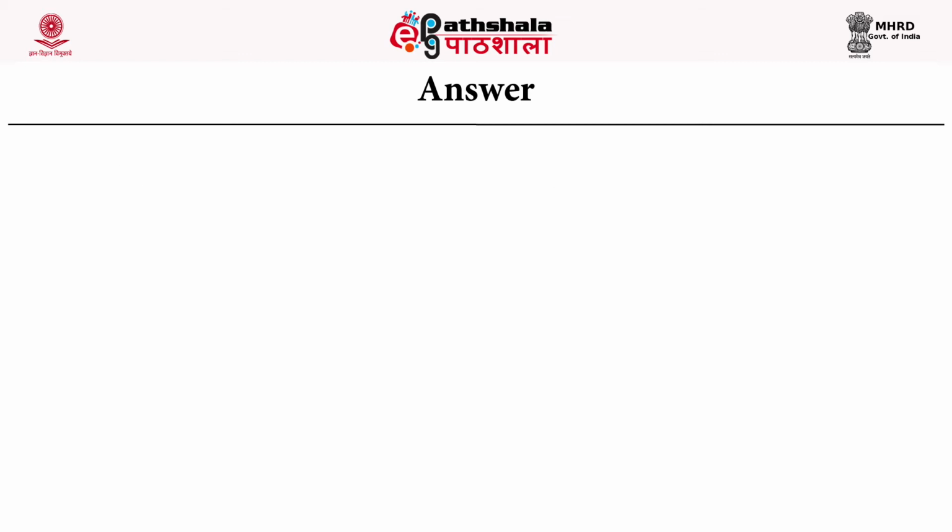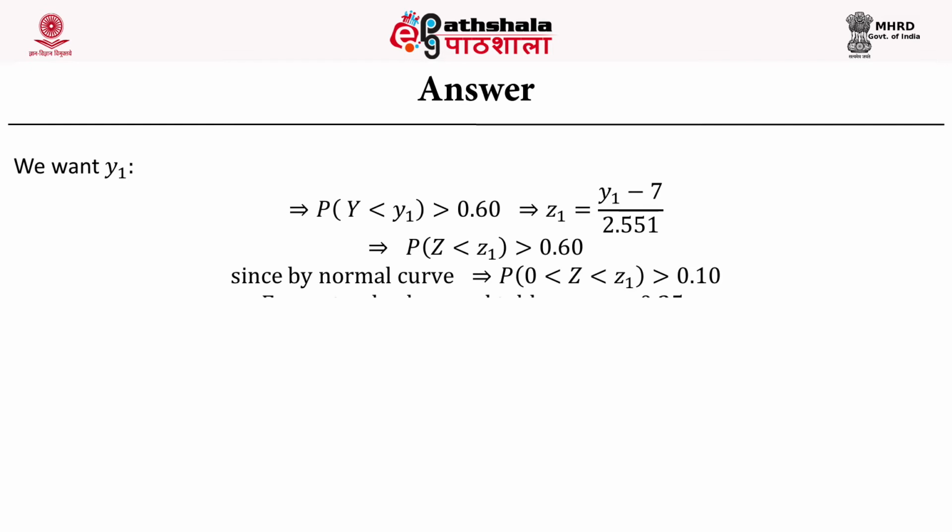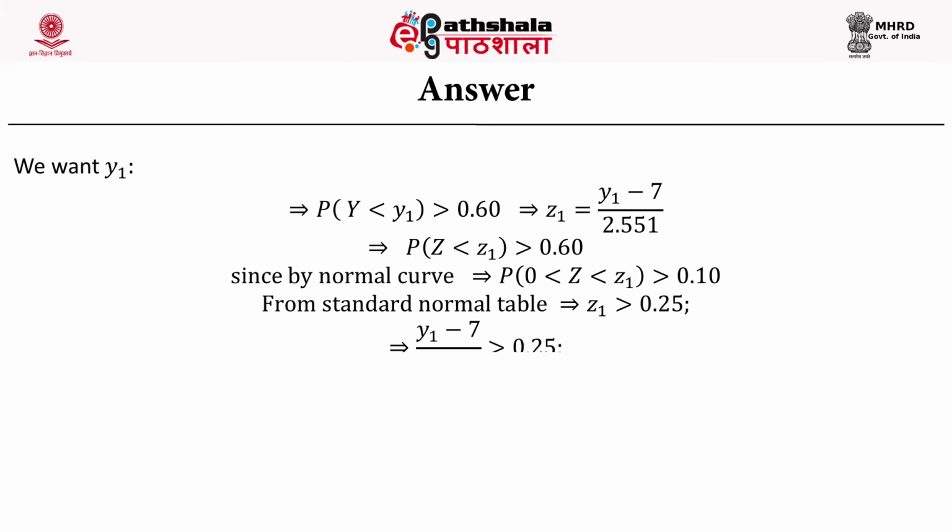So we want y1 such that probability of y less than y1 is greater than 0.60, where z1 is equal to (y1 minus 7) upon 2.551, and probability of z less than z1 is greater than 0.60. Since by the normal curve the probability of z lying between 0 and z1 is greater than 0.10, from the standard normal table z1 is greater than 0.25, and (y1 minus 7) upon 2.551 is greater than 0.25.